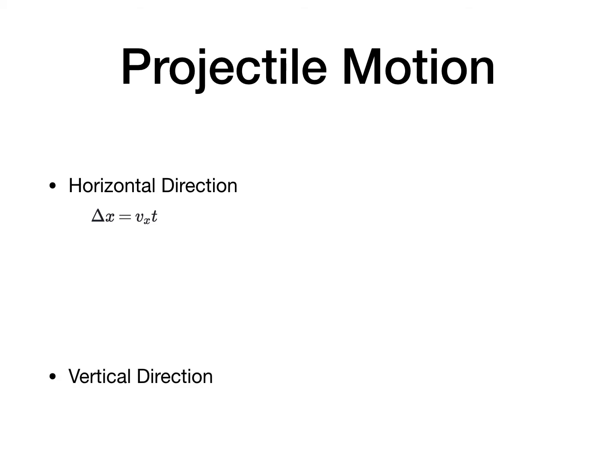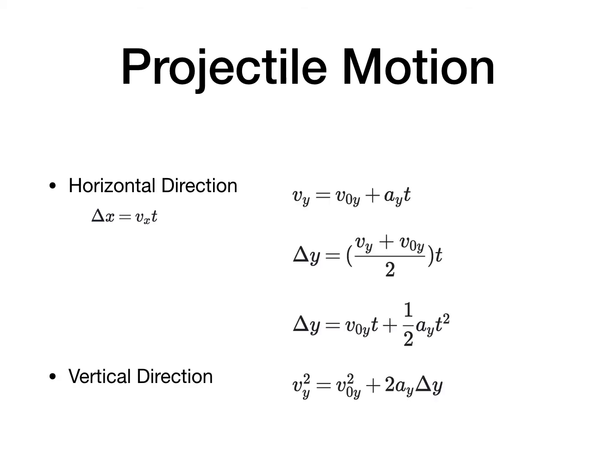Like I said earlier, the way we solve projectile motion problems in two dimensions is by first splitting it up into horizontal motion, using equations such as this, and vertical motion, using the kinematic equations shown above.